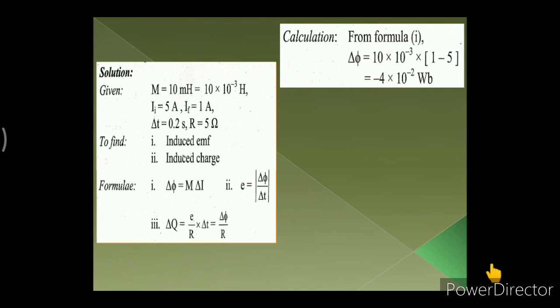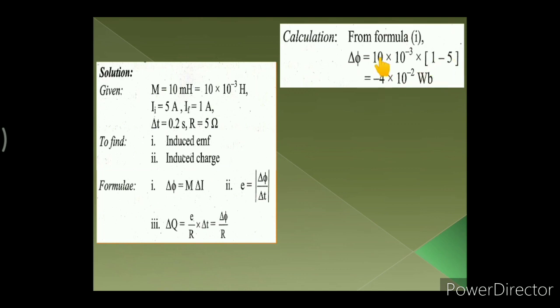So first of all, by using the first formula, delta phi is equal to M into delta I, we can determine the change in flux when the current changes from 5 to 1 ampere. The change in current is the final current minus initial current, so 1 minus 5, we get minus 4.